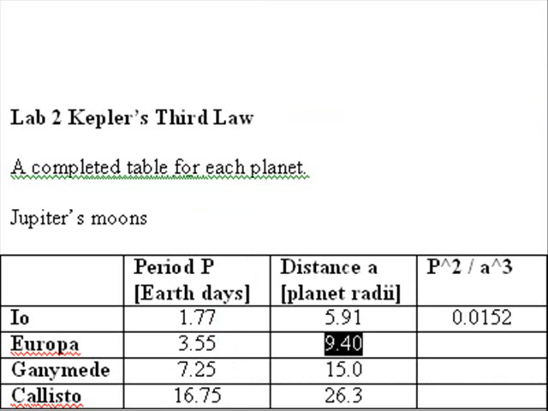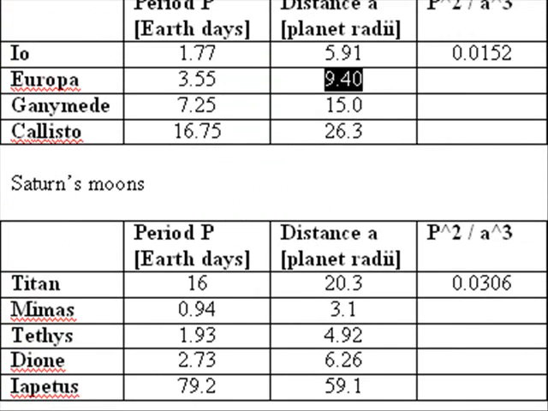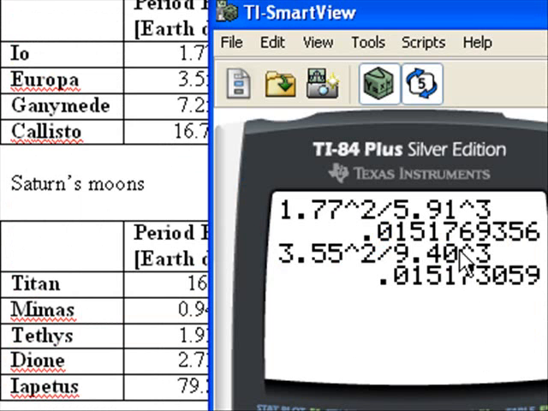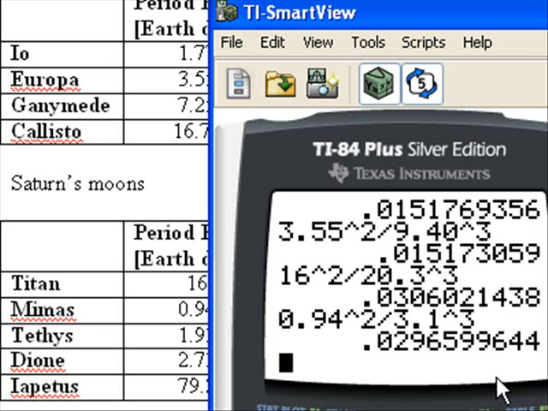Let's look at Saturn. Well, the same thing will happen. So we have 16 squared divided by 20.3 cubed, and it's 0.3060. And then we have 0.94 squared divided by 3.1 cubed, and we come up with 0.297 rounded.